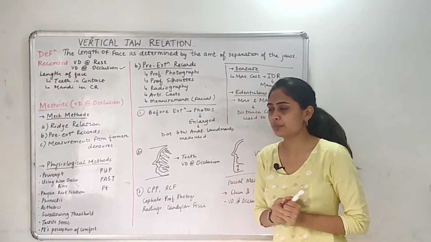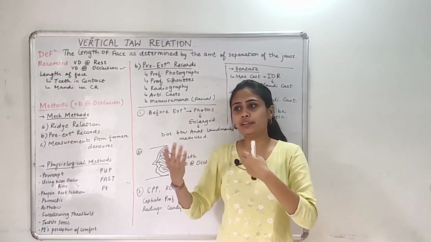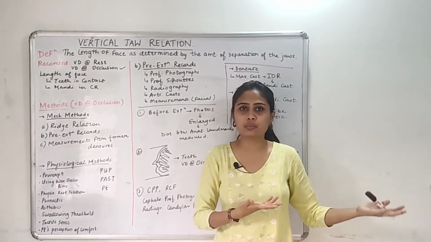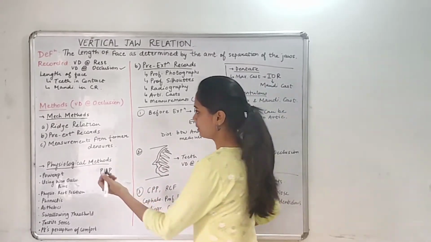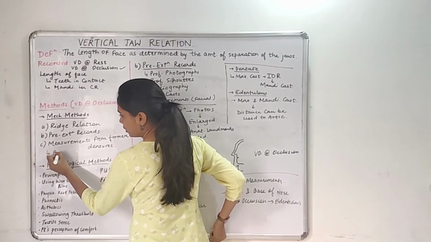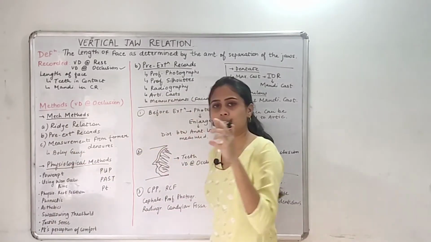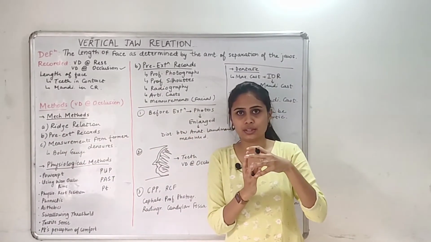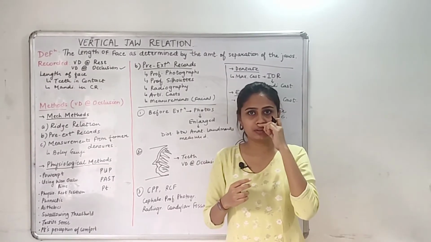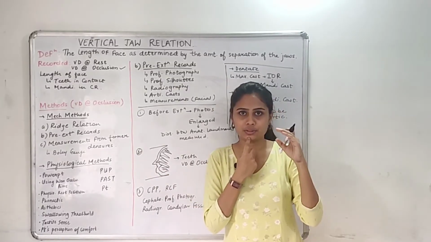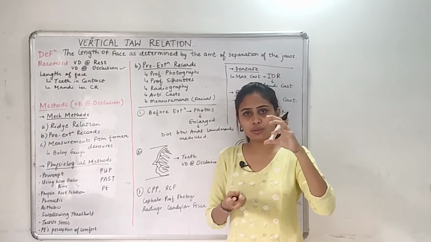Lastly, we'll talk about the measurements from former dentures. So what does this mean? If the patient is already wearing a denture, or if the patient is comfortable with one of the dentures that the person has already, we can use a Boley's gauge. A Boley's gauge is used, and the dentures are placed in occlusion, and the distance is measured from the impression surface of the mandibular denture to the impression surface of the maxillary denture, the whole unit put into occlusion.